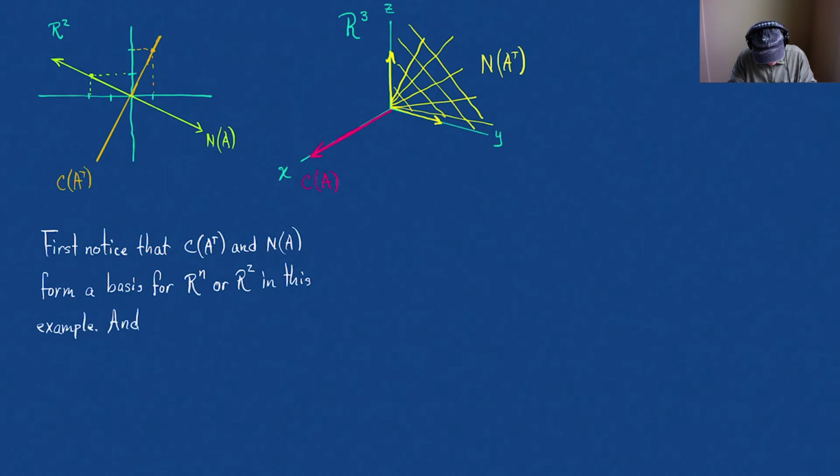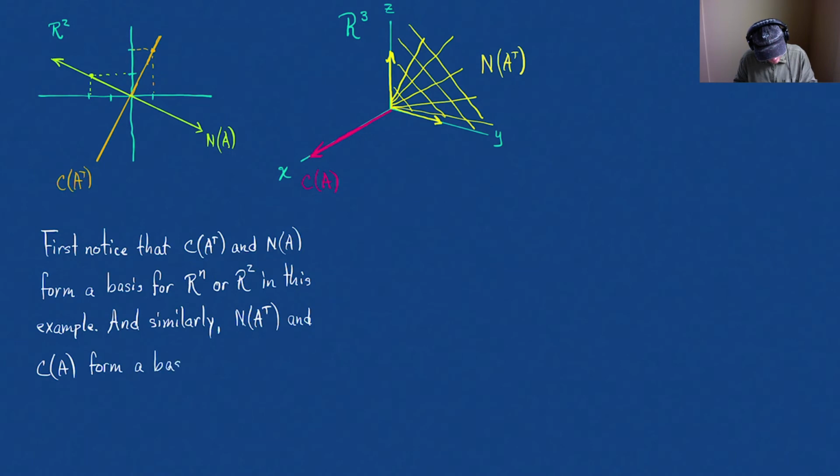And similarly, the null space of the transpose and the column space form a basis for Rm, or in this case R3.